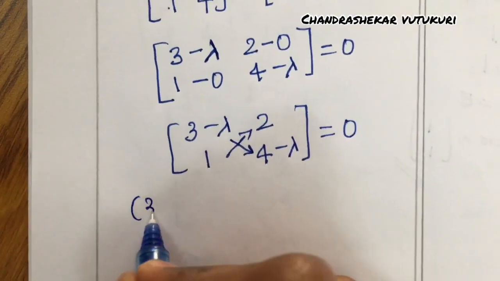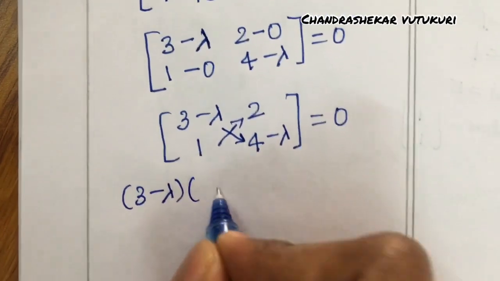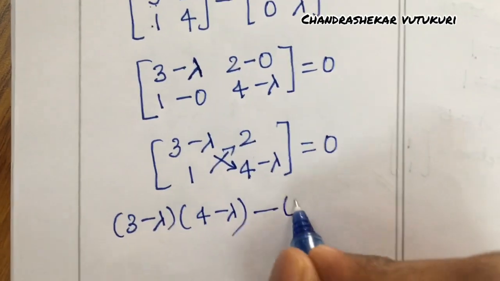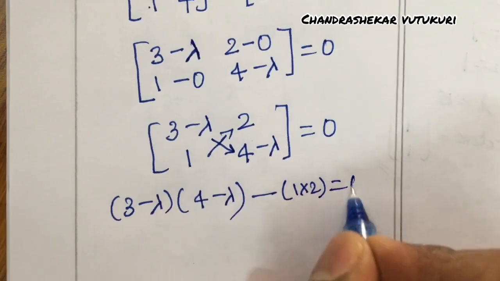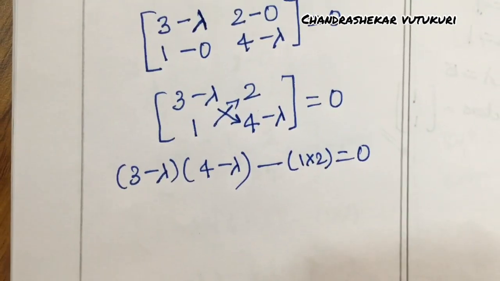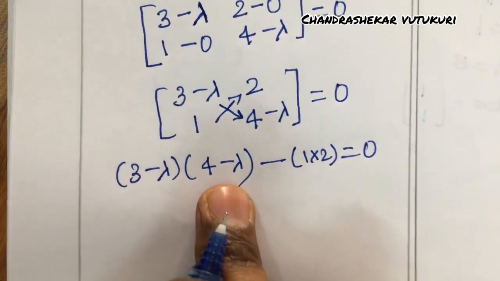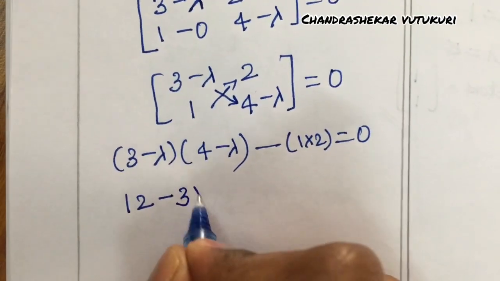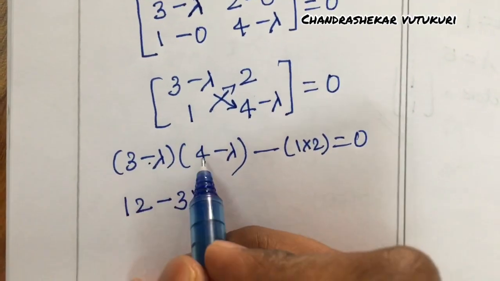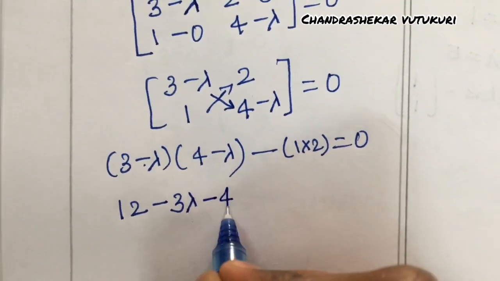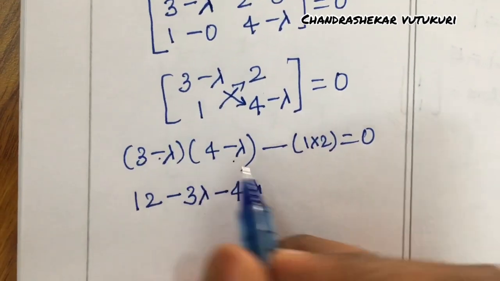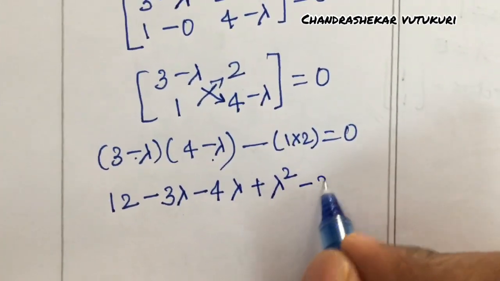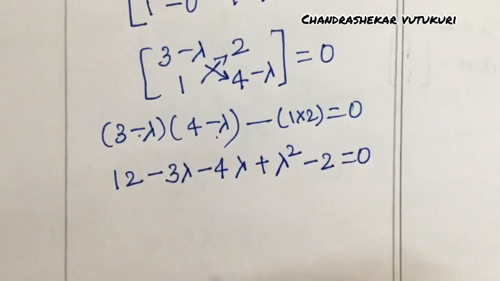So, (3 minus lambda)(4 minus lambda) minus (1 into 2) equals 0. Now, 3 fours are 12, 3 times minus lambda is minus 3 lambda, minus lambda into 4 is minus 4 lambda, minus times minus becomes plus lambda square, and minus of 1 into 2 is minus 2, this equals 0.